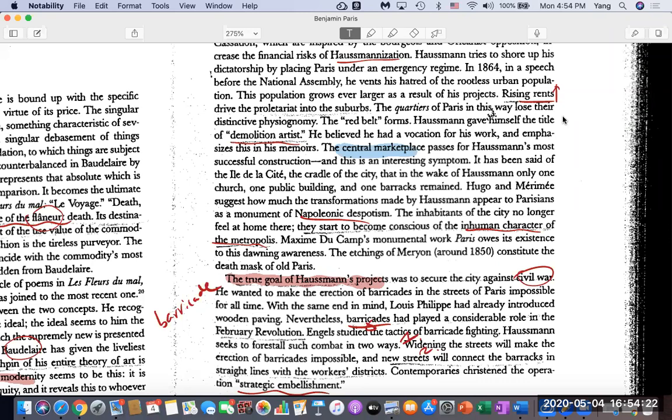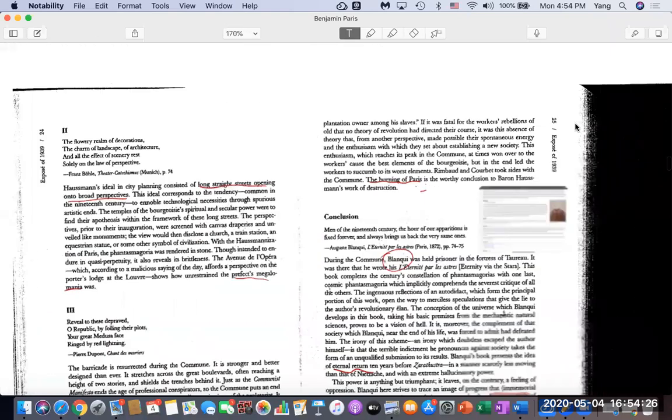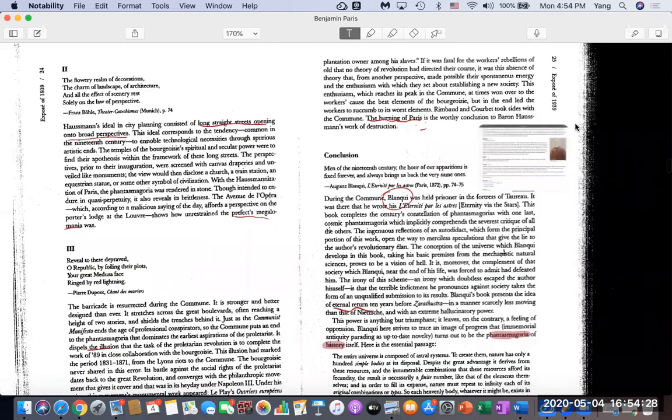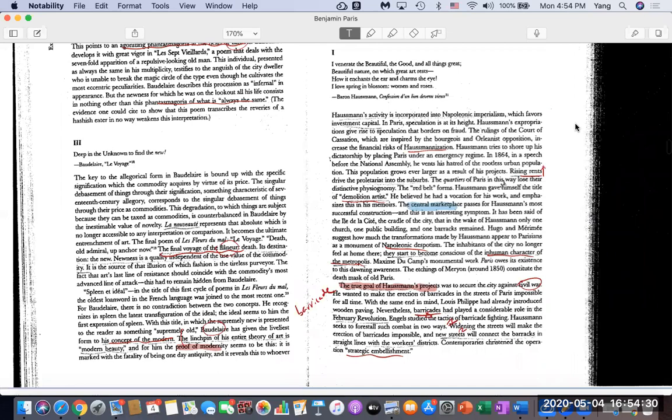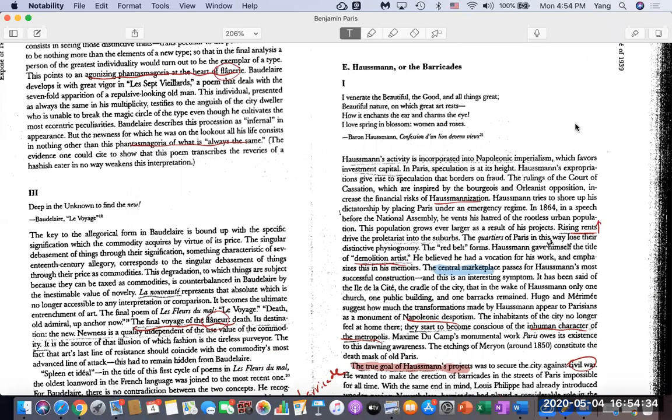Those are not original to Benjamin, but I'm making the point that he started from a Marxist perspective in writing this, but he went to Paris and kept on studying it because the simple Marxist analysis did not seem to work, or was not enough.